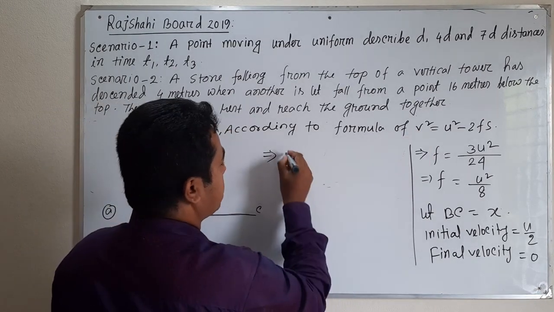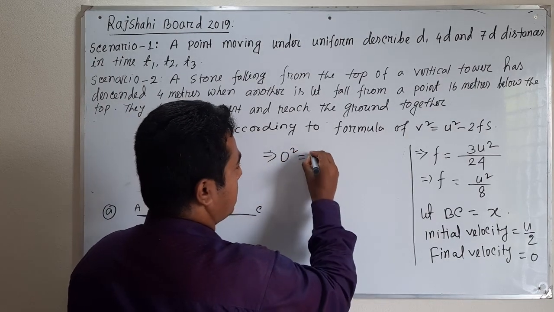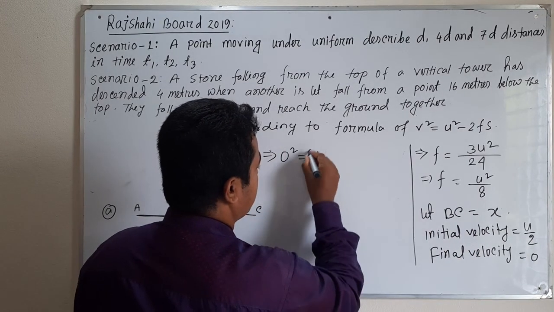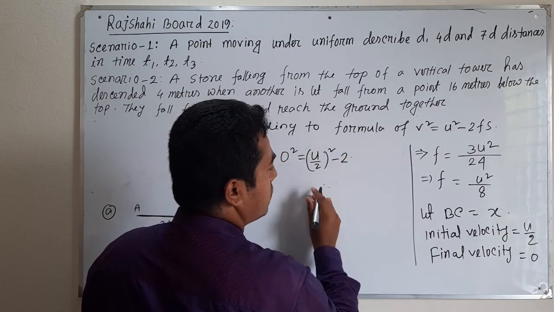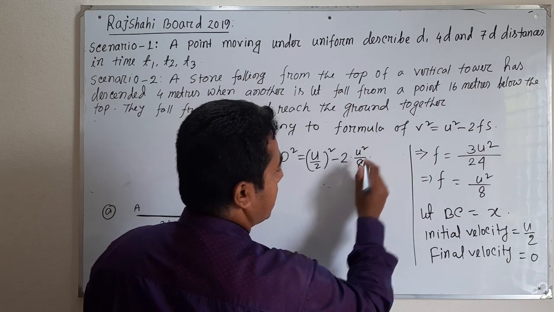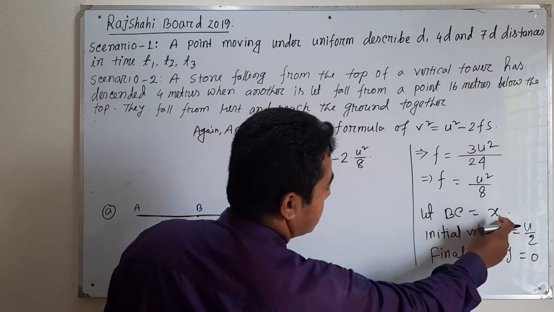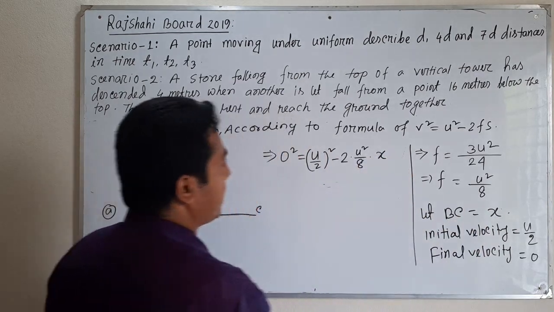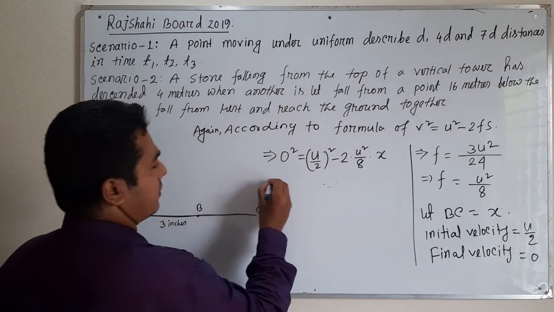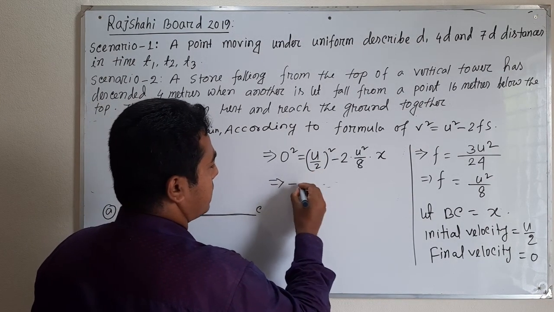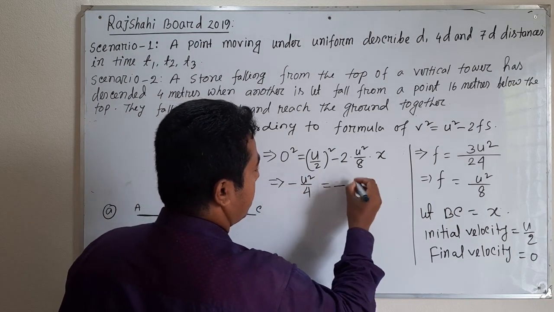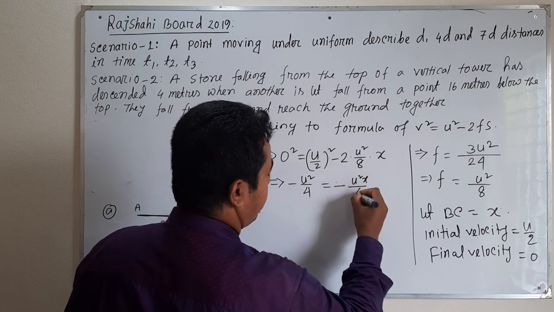Here final velocity is equal to 0, initial velocity is u by 2, minus 2f, where f is equal to u square divided by 8, and s is the distance BC, equal to x. Further penetrating is x. Then minus u square divided by 4 is equal to minus u square x divided by 4.